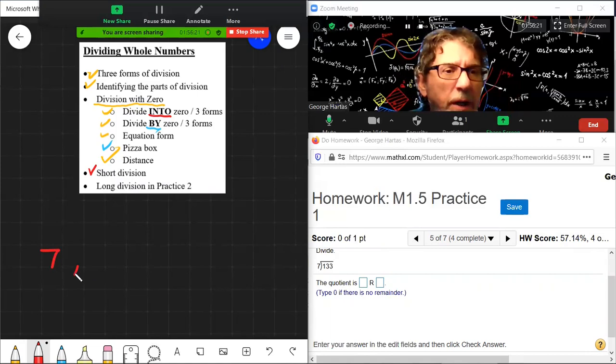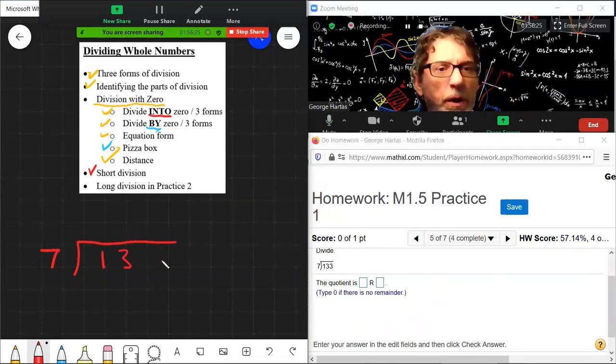7 divided into 133, or 133 divided by 7. So here's how short division works. We take this digit and see if we can divide it into the first digit here. Now, can 7 divide into 1?